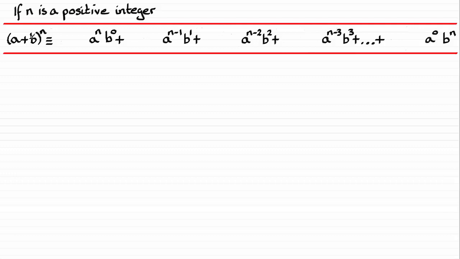And then as for the b term, that started at b to the power 0 and went up in ascending powers for each term, until we got to the last term, b to the power n.